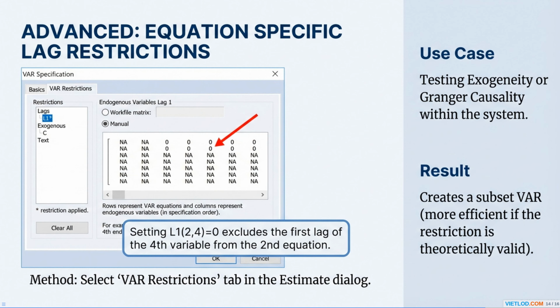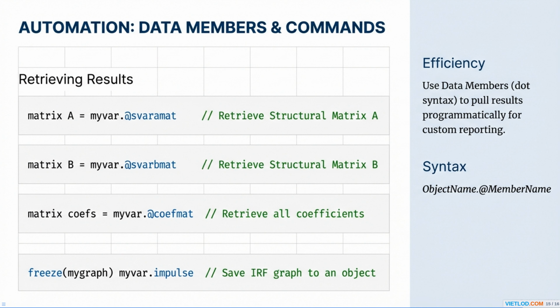For more advanced analyses, you can impose restrictions on specific lags of variables directly within the VAR estimation dialog using the VAR Restrictions tab. This feature is particularly useful for testing hypotheses like Granger causality or exogeneity within the system. By setting the coefficients of all lags of a variable to 0 in a specific equation, you are essentially testing if that variable can be excluded.